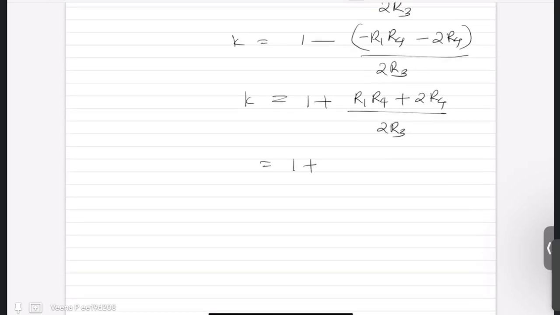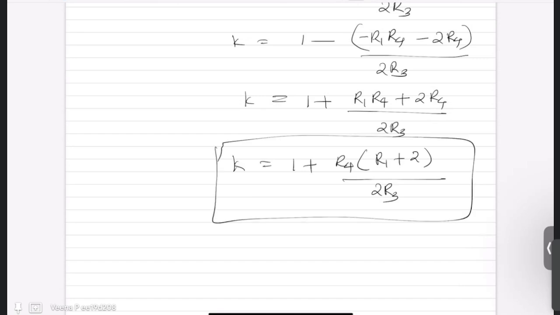Or you can simplify it much, like R4 you can take outside, so this is 1 plus R4 (R1 plus 2) by 2R3. So this is the value of K that will result in Vx equal to 0.